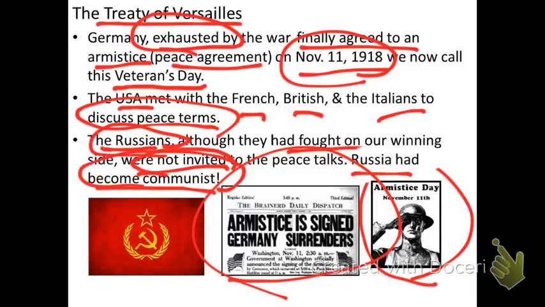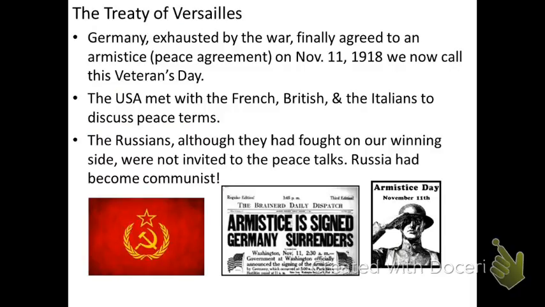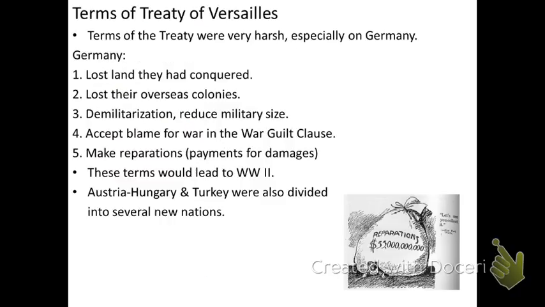Now, the Treaty of Versailles was extremely harsh on the Germans, and I think you can see the number down here in the bottom right-hand corner. I don't know if you can really read that, but here are the reparations.